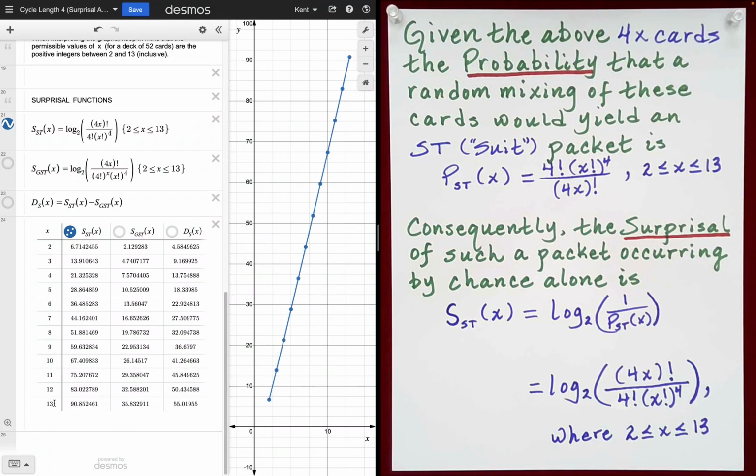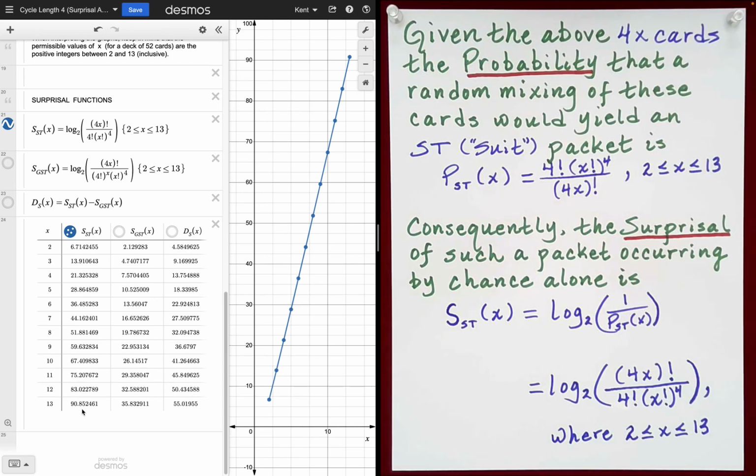So 13 times 4 is the 52 cards in a standard deck. So the chance that you would just mix those cards thoroughly and then lay them out and find that there is a consistent repeating pattern among the 4 suits, the surprisal associated with that outcome is 90 bits. 90 bits of surprisal.